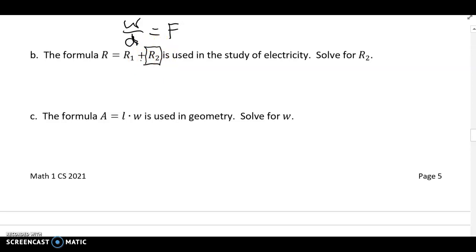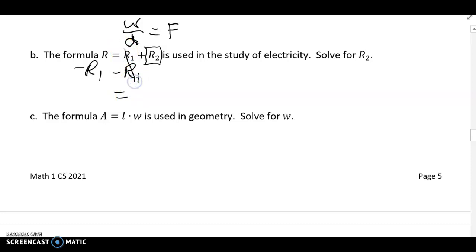So R sub 2, we want to solve for this variable. That means R sub 1 needs to go. Since R sub 1 is being added to R sub 2, we need to do the inverse to get rid of R sub 1, which means we need to subtract. So we're going to subtract R sub 1 from both sides of the equation.